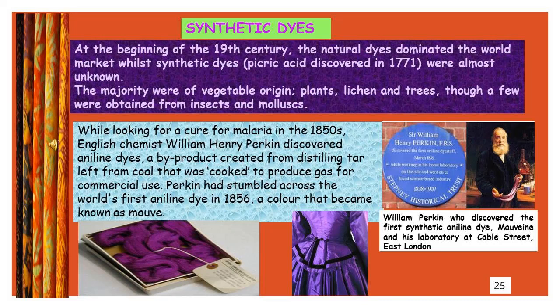Perkin had stumbled across the world's first aniline dye in 1856, a color that became known as mauve or mauvine. The figure shows William Perkin, who discovered the first synthetic aniline dye, mauvine, and his laboratory at Cable Street, East London.